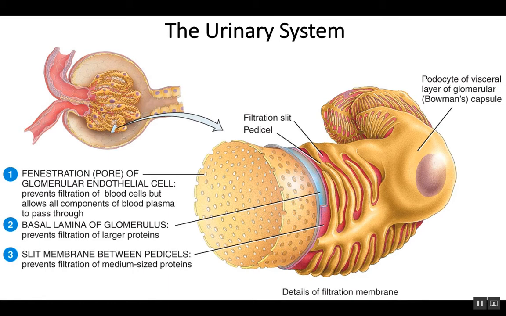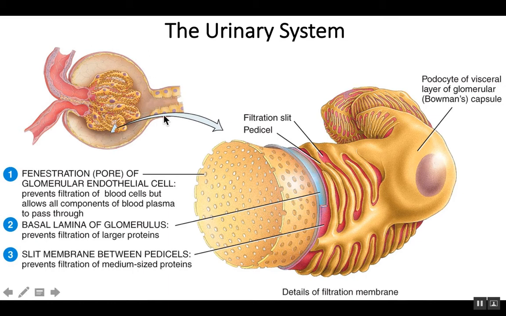Well, that plasma protein should never leave blood. It should not get filtered. It should not be in a tubule. It should not be in urine. And that's an important clinical idea to remember because we actually test for albumin in urine. And if we find it, that typically indicates there's a problem.